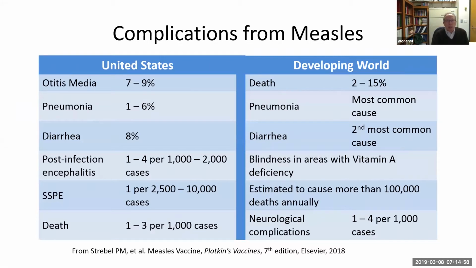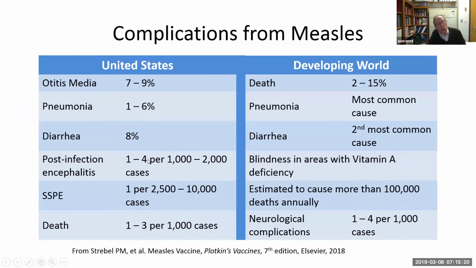And complications, unfortunately, are not unusual. In industrialized countries such as the US, otitis media or ear infections are most common. Pneumonia is the most severe and is the leading cause of death. Diarrhea is also very common.